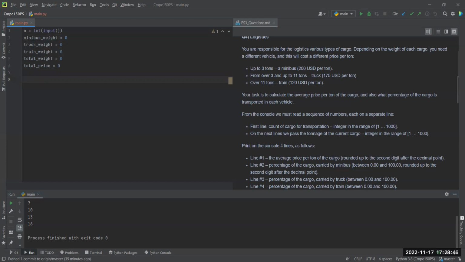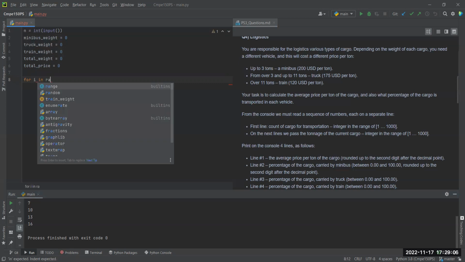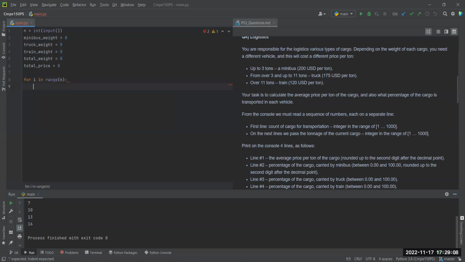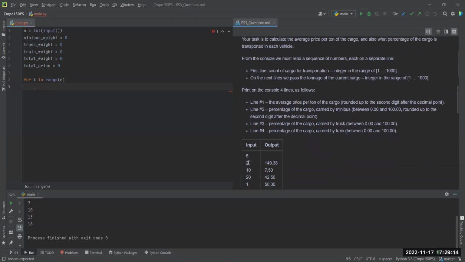So I will run my for loop n times, because I will collect this data and write some conditional statements to decide if I can make the logistics process in a minibus or a truck or a train. So I am writing for i in range n, and I will take at each step some input as the weight.